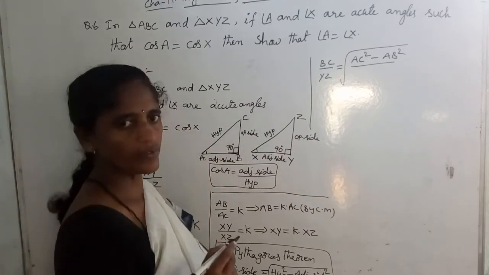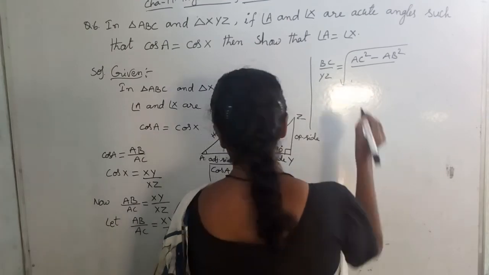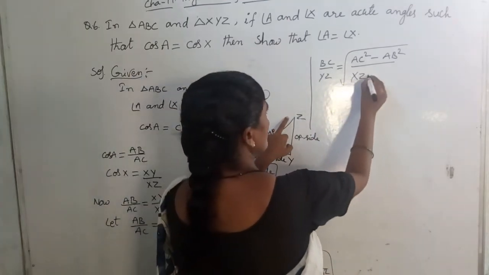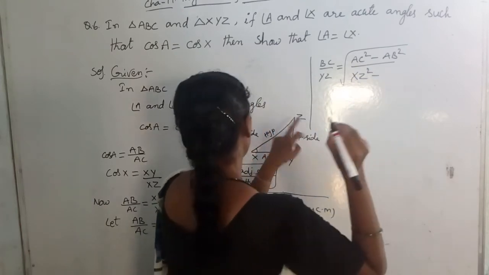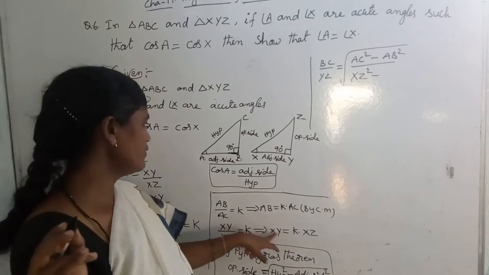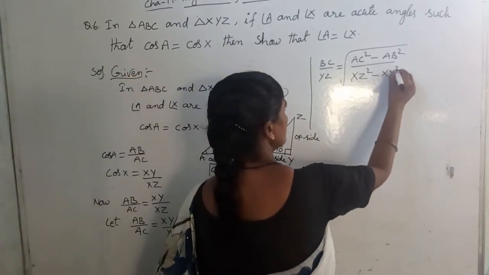AB square by, what is this here? XZ square minus XY square.